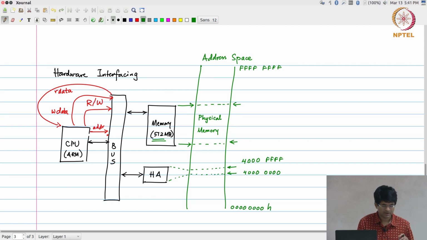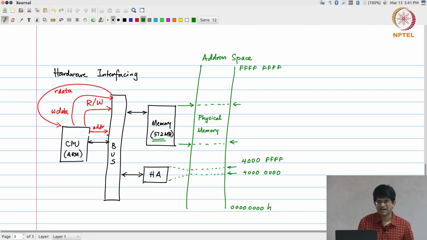Now what happens? Let us say that the CPU generates the bus address, the address which is given to the bus, is 4000. What should I do with it? I can't really read anything from that memory location directly, but the bus can now figure out that this particular address corresponds to where this hardware accelerator has been connected.